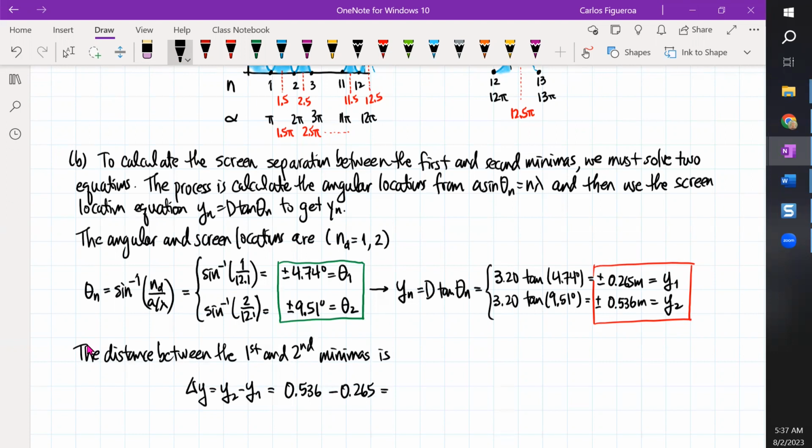And the value that I get here is going to be 27.1 centimeters, not meters. And that's what's going to be my separation between them.